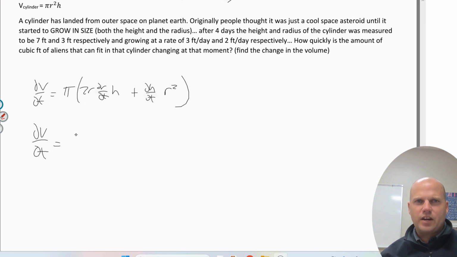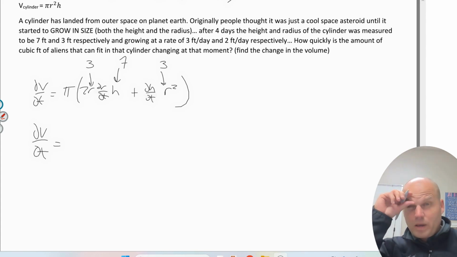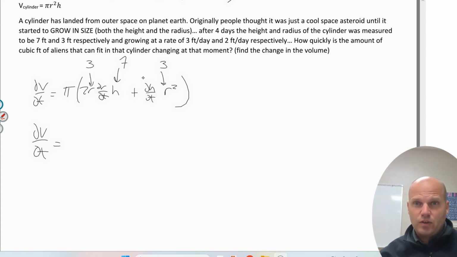After 4 days, the height and the radius of the cylinder is measured to be 7 and 3. So the height is 7, the radius is 3. Respectively, growing at a rate of 3 feet per day. So this is the change in the height, and radius is changing at 2 feet per day. Cool. What is the volume of cubic aliens?